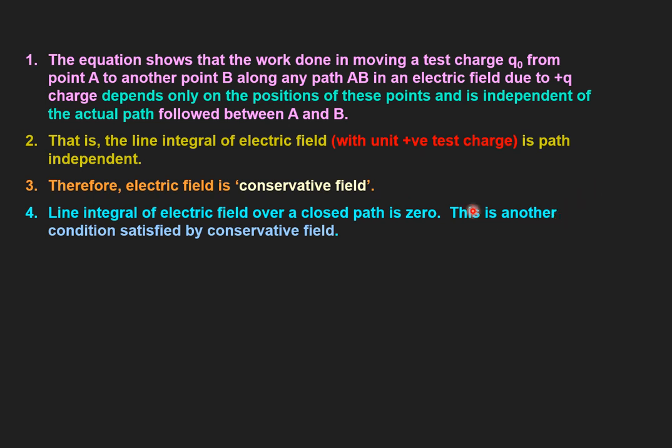Whatever work we have done in moving the charge from A to B, W_AB, will be equal to the negative of the work done from B to A, because in the first case the final point was B and the initial was A, and in the second case the initial point is B and the final point is A. So the work done along a closed path will be 0, and hence the work done, or line integral of electric field, over a closed path A to B and again B to A is 0.